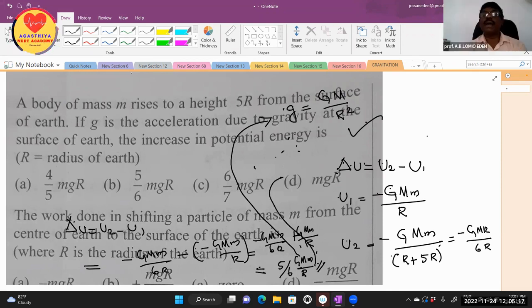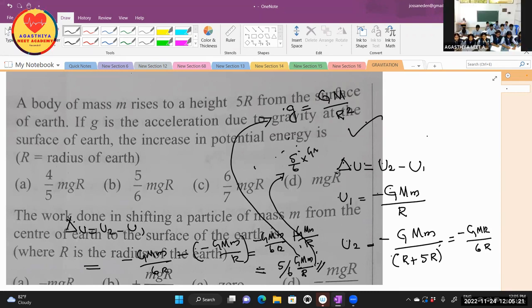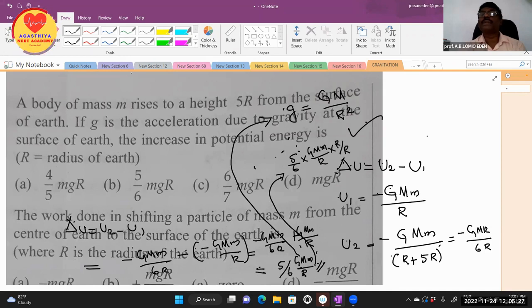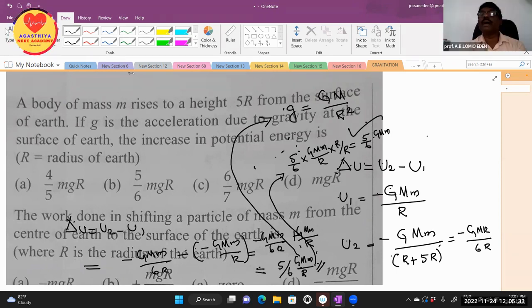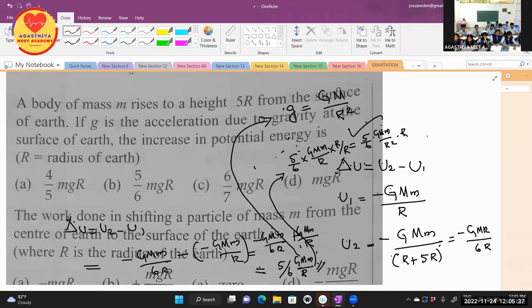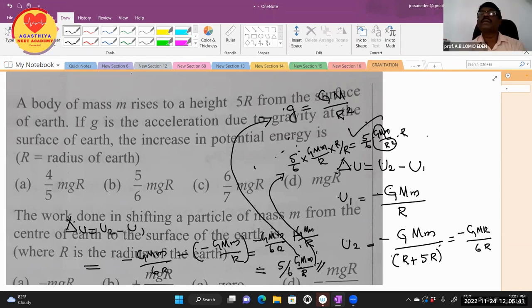Therefore, this value is multiplied by capital R and divided by capital M. It becomes 5 by 6 G capital M small m divided by R squared into R. This value is equal to what? g.